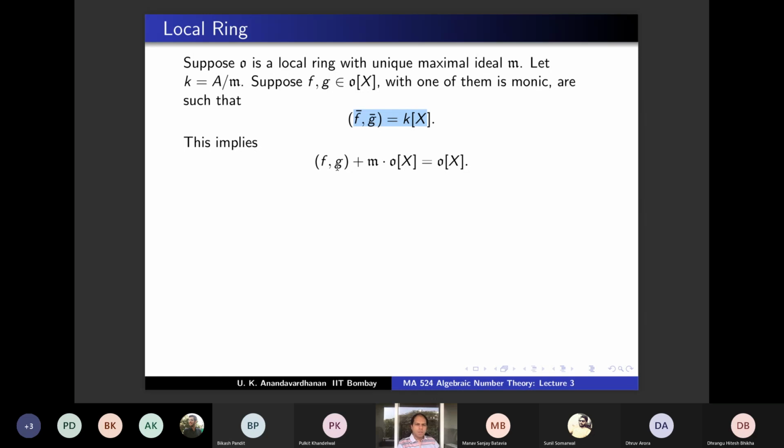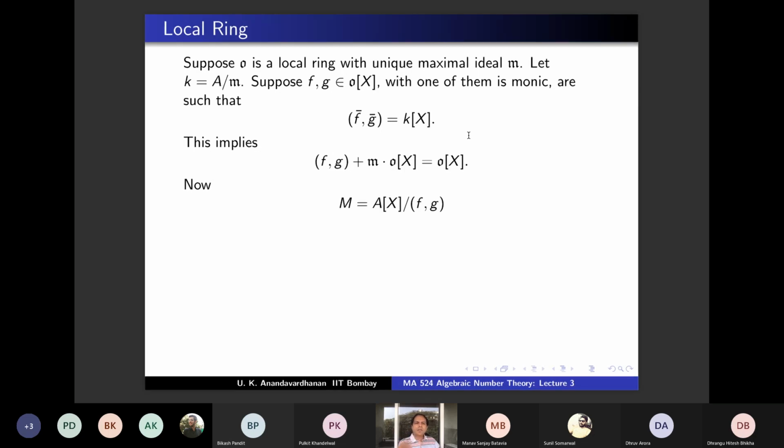That means A f plus B g plus a polynomial with coefficients in m, you can write h as a linear combination like that. So this condition implies this statement.